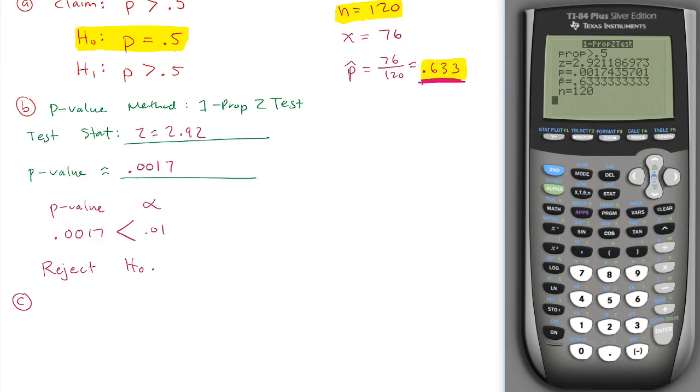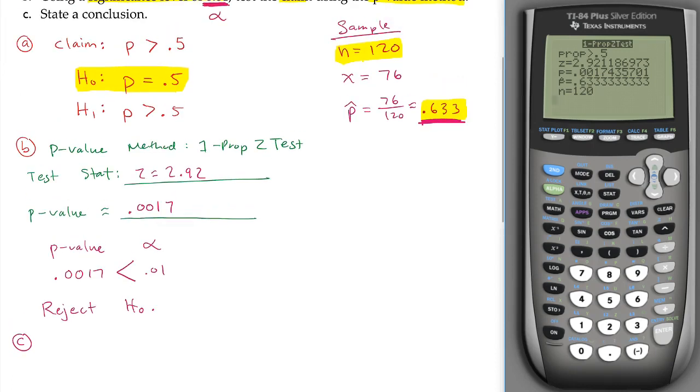So rejecting the null hypothesis says that the proportion of girls is not equal to 0.5. We're not supporting the null, right? We're rejecting it, so we're not supporting it, and we're supporting the alternative. You either support the null or you support the alternative, one or the other.